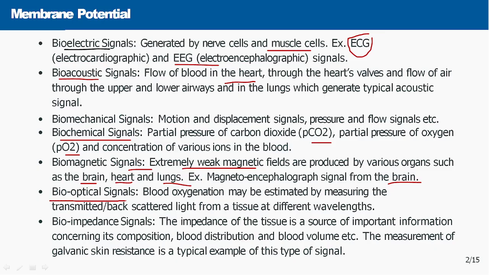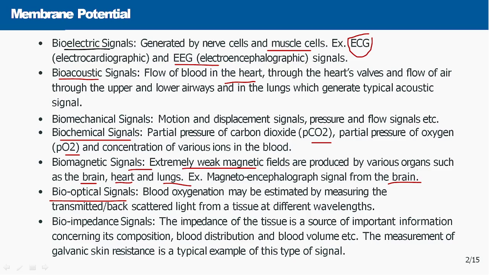Similarly, we have biooptical signals. Biooptical signals mean we pass some optical energy, which scatters through different tissues, and we capture those refracted and scattered signals, and from that we can measure a significant change with respect to the reference.